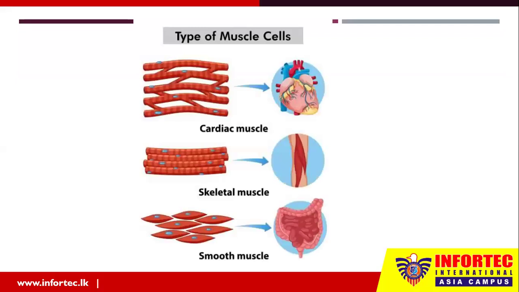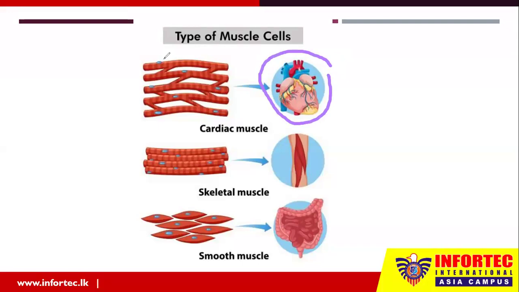Okay, as you can see in the image, first, the cardiac muscles. These cardiac muscles function automatically. It means we do not have our own control, therefore we mention it as involuntary control.